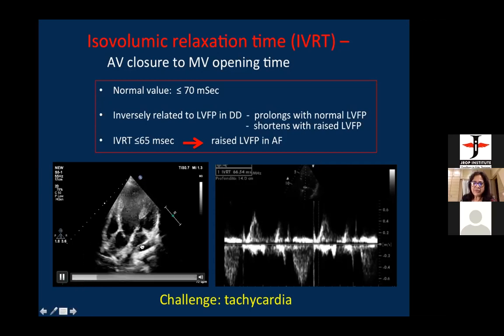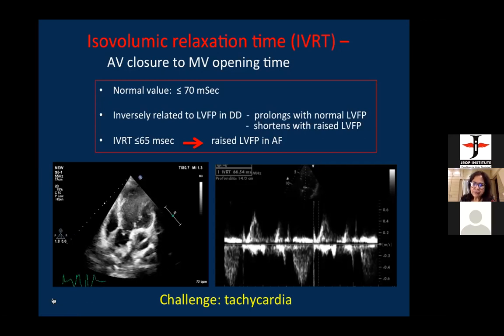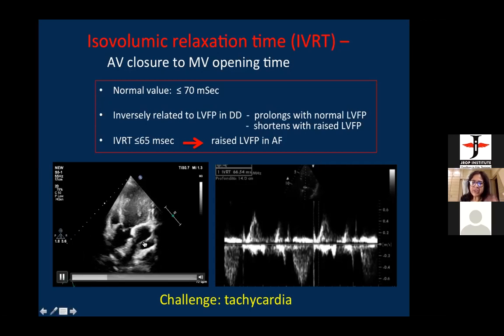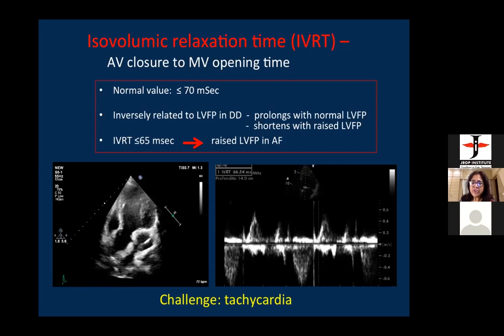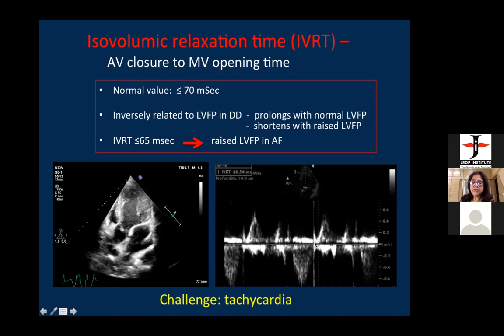The pressure difference between the LA and left ventricle is high in the beginning. Because of the raised LA pressure, the opening of the mitral valve is quick, so that will reduce the IVRT.